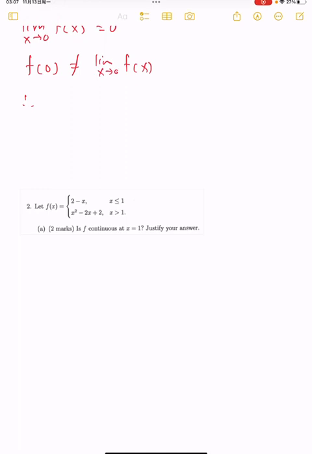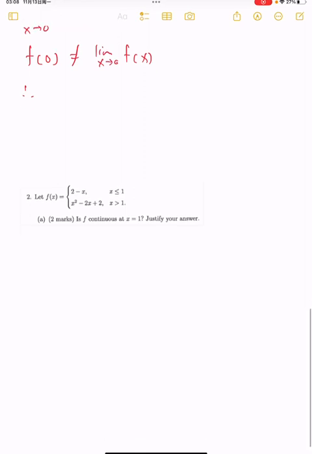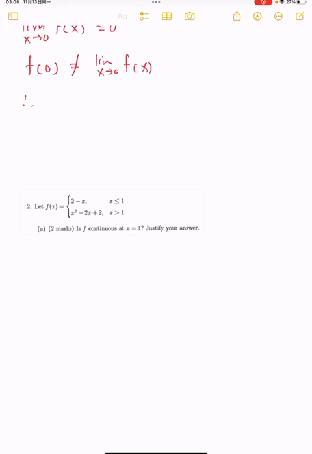Continuity is pretty simple to prove, so it wouldn't be worth a ton of marks in your papers, but it is important since after you have proven the function is continuous, you can prove that the function can be derived at point A. So it's very crucial.